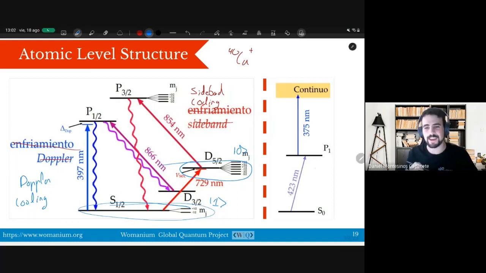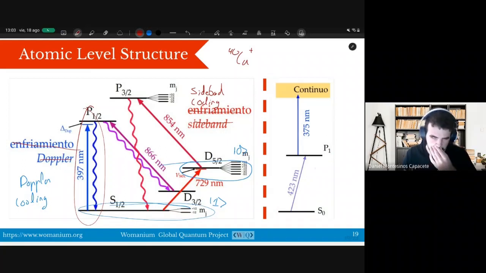In order to trap the ion in a stable way, we need to use this transition here using this laser. These are just the wavelengths of each laser in order to go from one electronic energy level to another. We need this laser to perform Doppler cooling, which is a procedure by which we are able to lower the temperature of our ion.